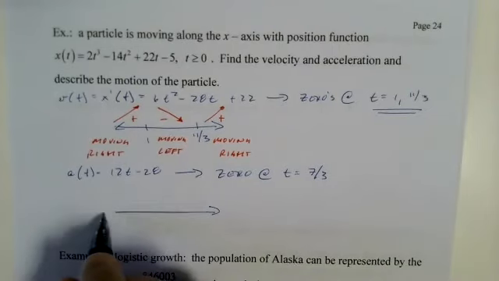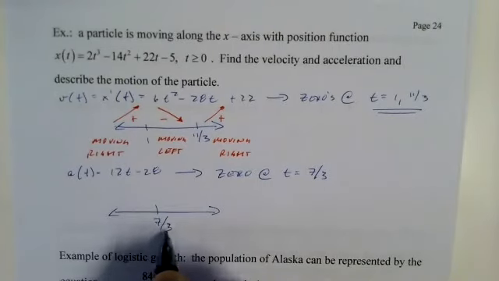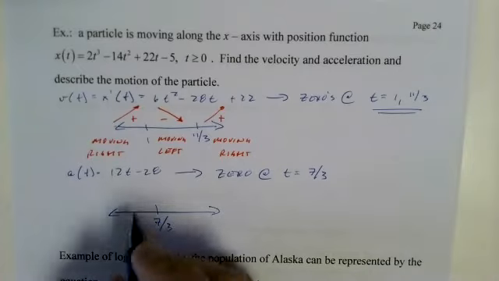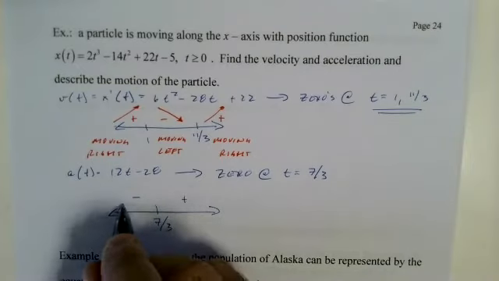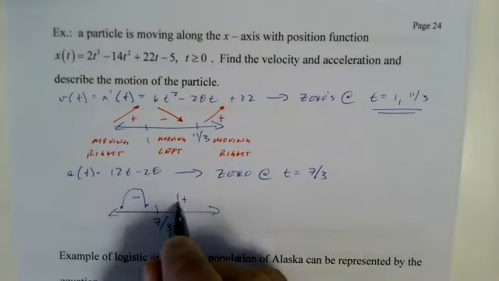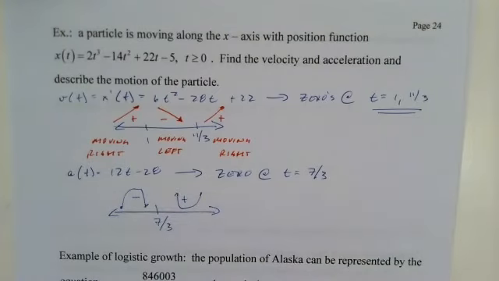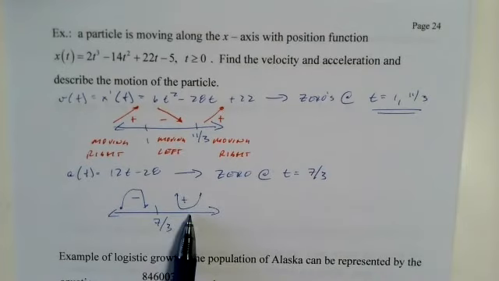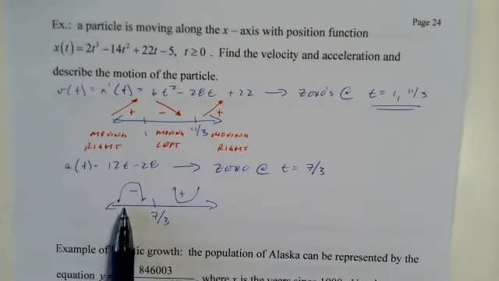Off we go again. 7/3 is negative and positive, concave down, concave up. So you would say that it is decelerating and accelerating. That's it. Decelerating, accelerating.